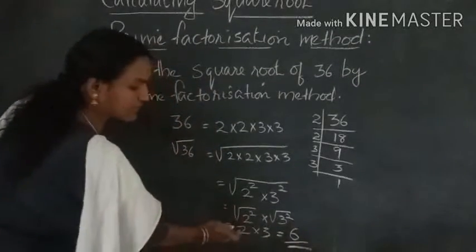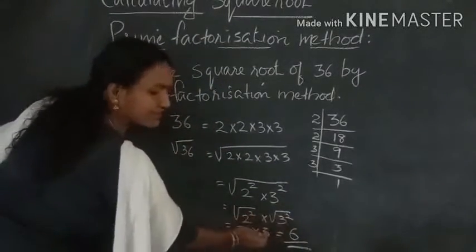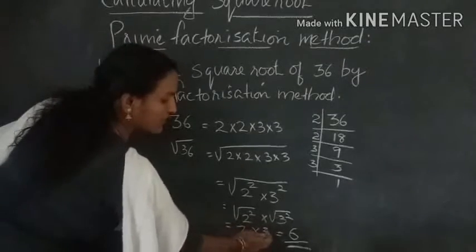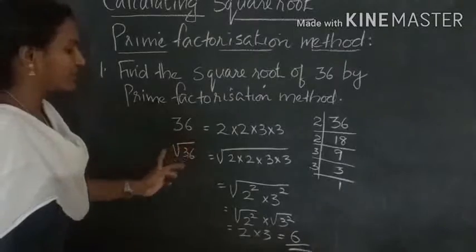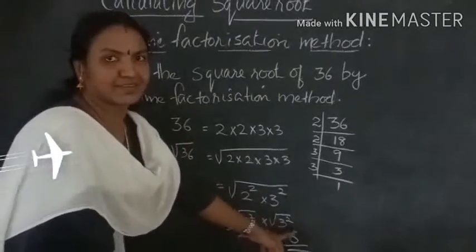Root 2 square is 2, root 3 square is 3. Multiplying 2 and 3, we get 6. So the square root of 36 is 6.